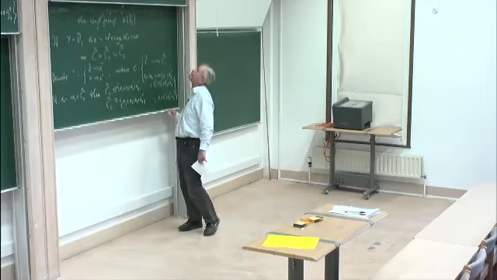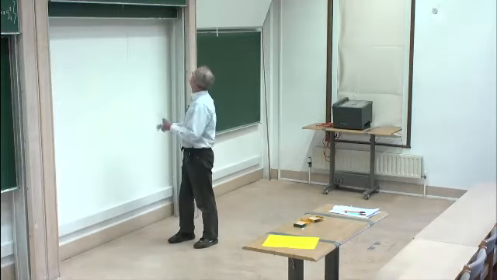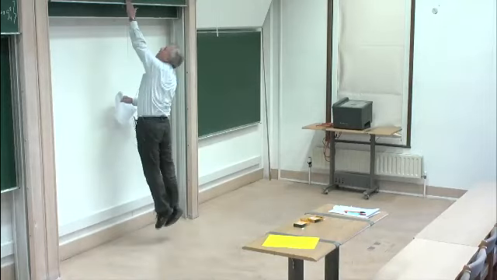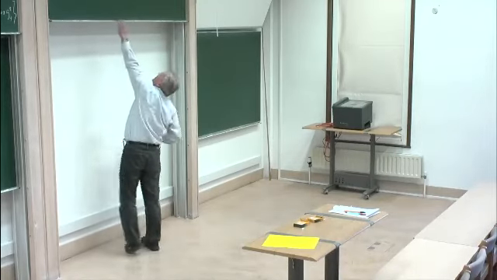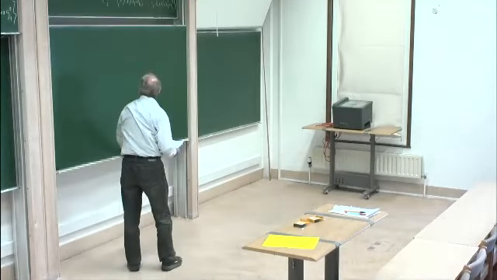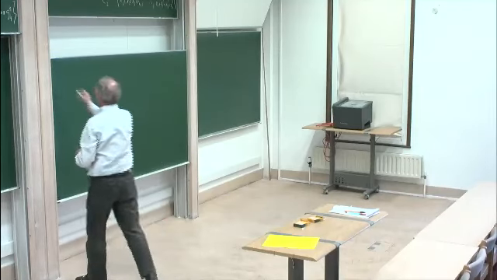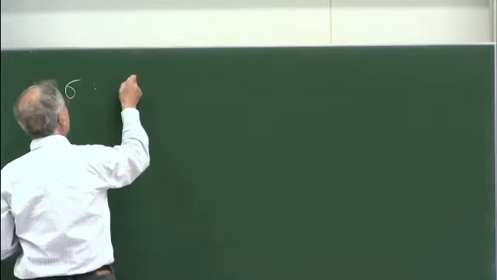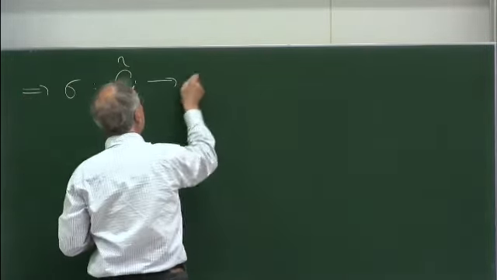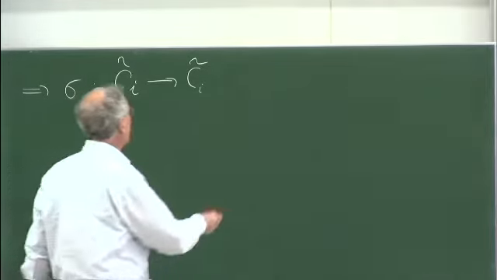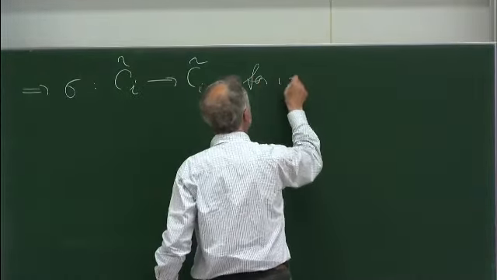So this implies that sigma induces an involution on Ci tilde, on C1 tilde and also on C2 tilde, for i equal to 1 and 2.